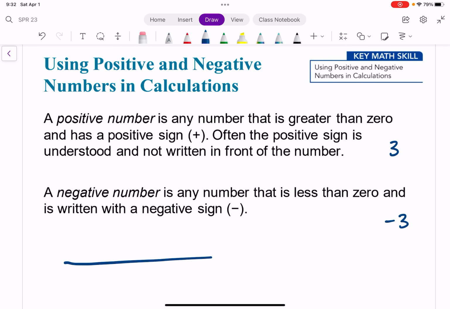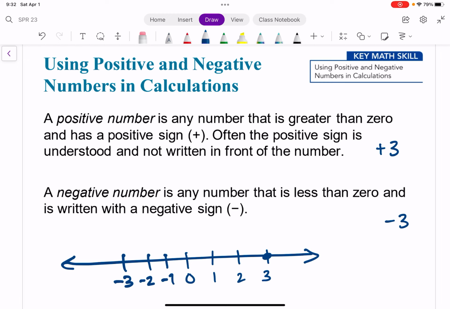And if it helps, I like to think about a number line. Oh, I'm on eraser. So if you have 0 here, your positive numbers are on the right side of the number line. So let's go 1, 2, and 3. That's our positive. And then your negative 1, 2, and 3 is right here.